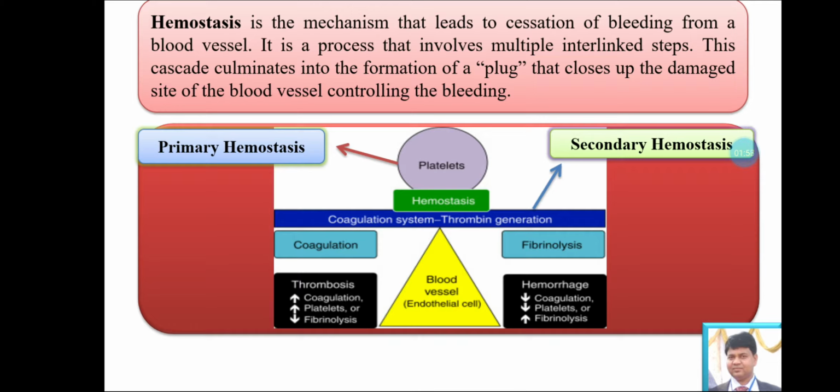On the other hand, secondary hemostasis is the activation of clotting factors over the surface of these platelets, and both the intrinsic as well as the extrinsic mechanisms are activated. The coagulation factors which are inactive are converted into the activated form, and there is a formation of thrombin.